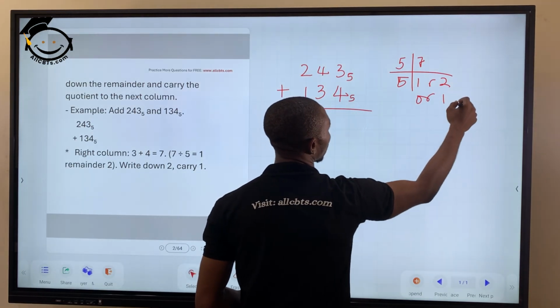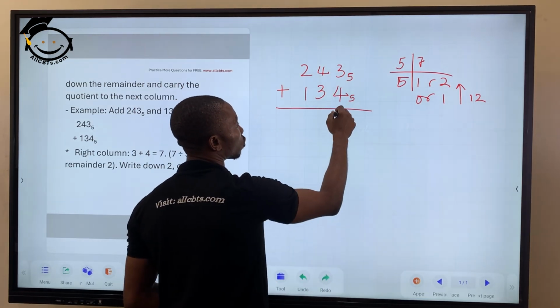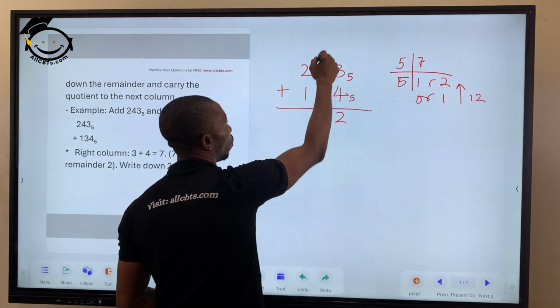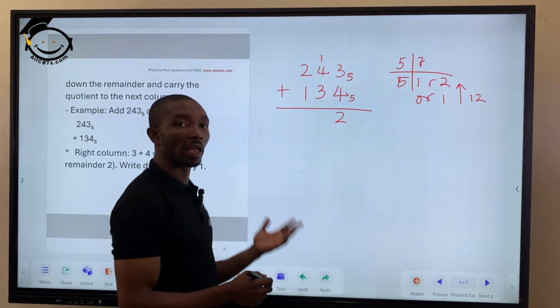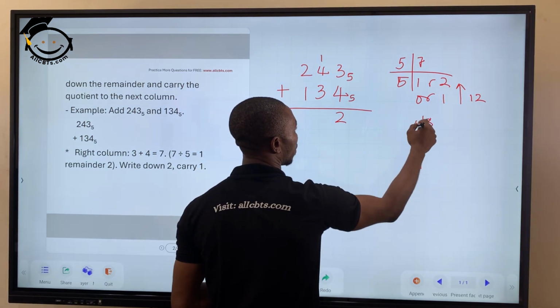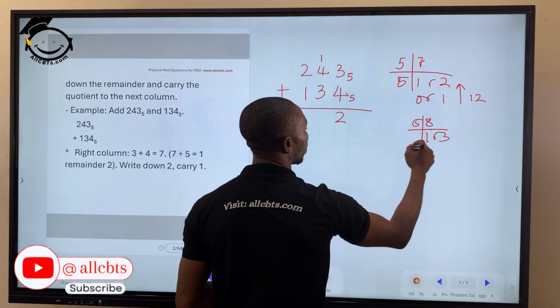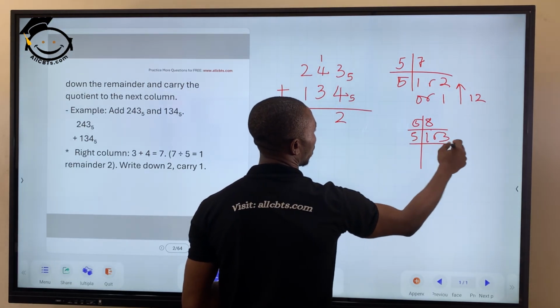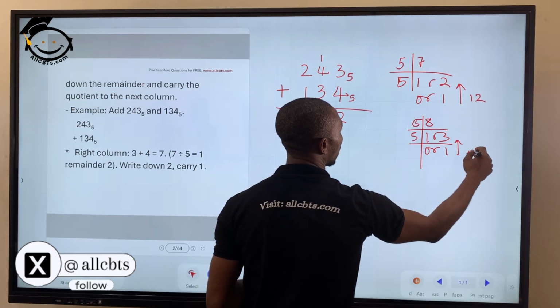Reading upwards, this gives us 12. So here we write 2 and carry 1. Now 4 plus 3 is 7, plus 1, 8. So this gives us 8 divided by 5, which is 1, remainder 3, and 5 into 1 is 0, remainder 1. Reading upwards, we have 13.